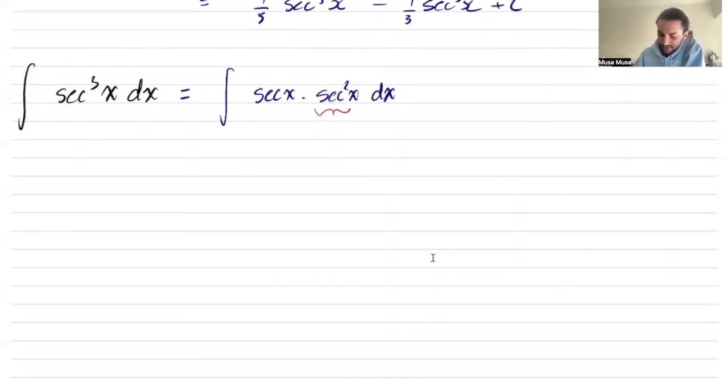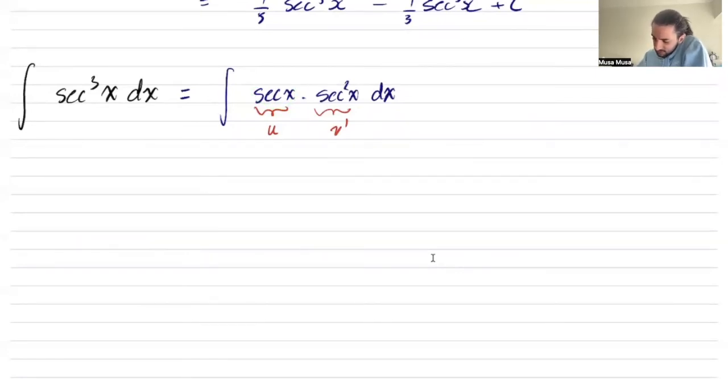I'm going to make this equal to my v dash and make this equal to my u. Because if it's the other way around, if this was my v dash, I have to integrate it and I'm going to get ln in it. And then I have to take the integral of v u dash, and taking the integral with already a ln of sec x plus tan x is a mess.